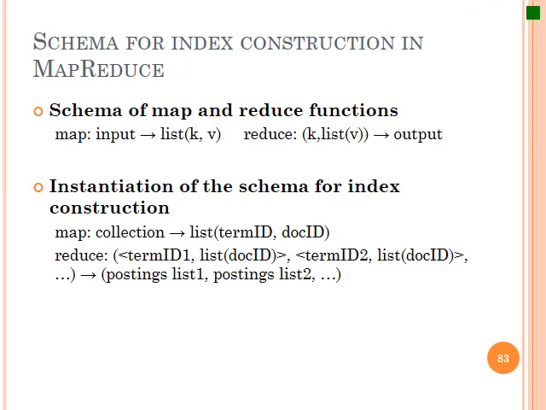So this is the general scheme for doing MapReduce in index construction. Generally speaking, your map function takes an input and produces a list of key value pairs, and the reduce function will take a key and the list associated with that key, and essentially merge the list into an output.